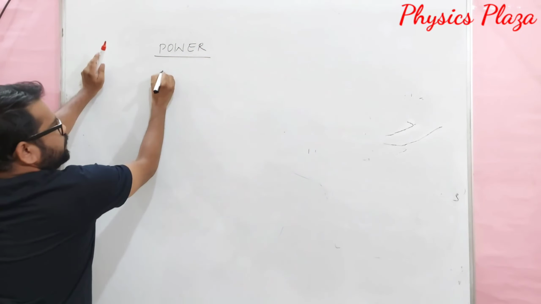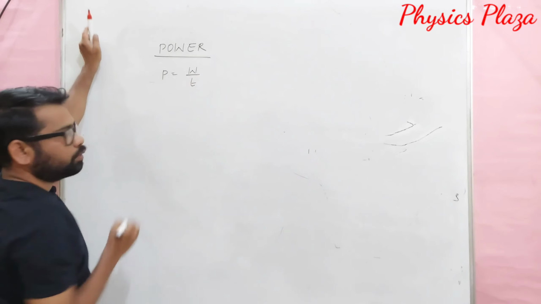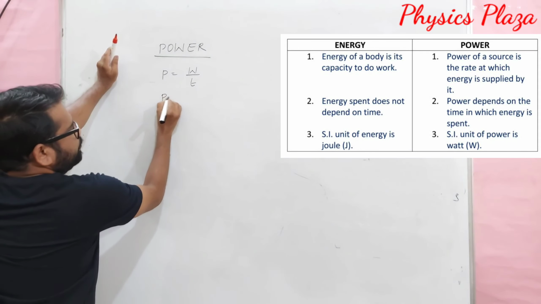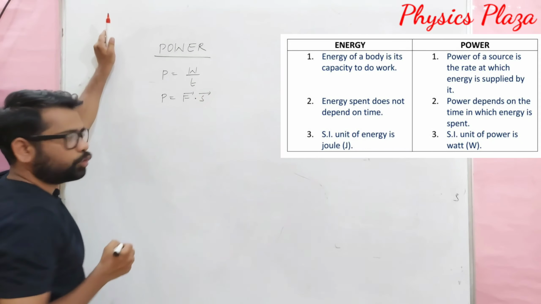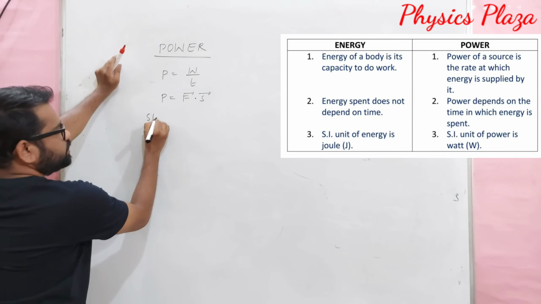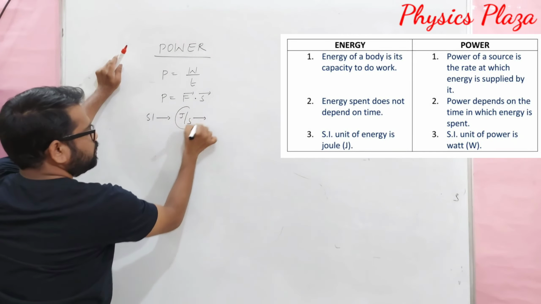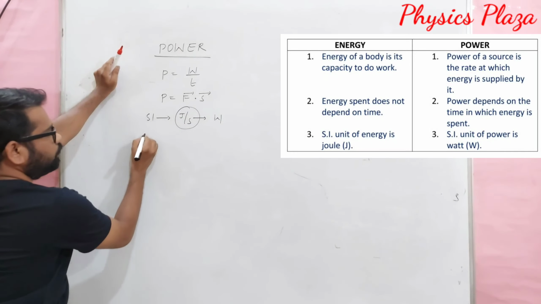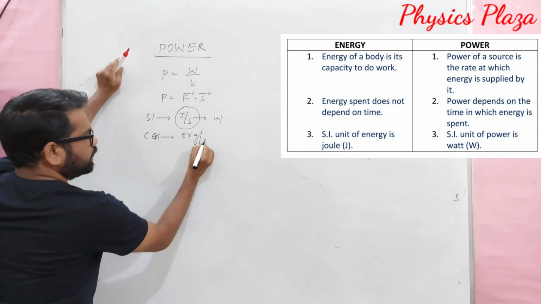Here, children, power is equal to work by time. It can also be written as F dot S. Its SI unit is joule per second, which we call a watt, whereas its CGS unit is erg per second.